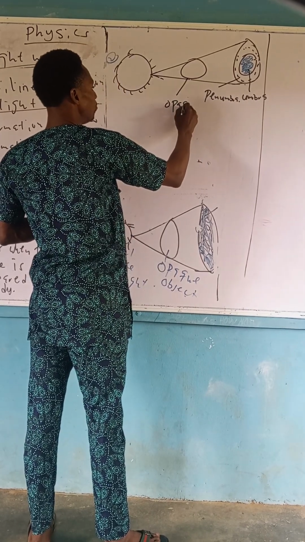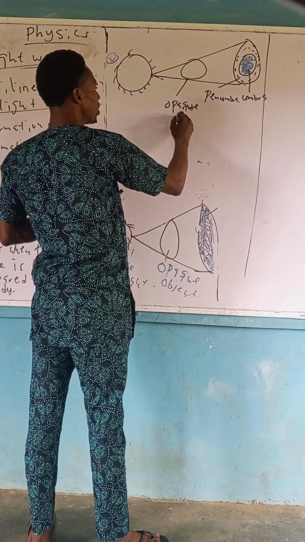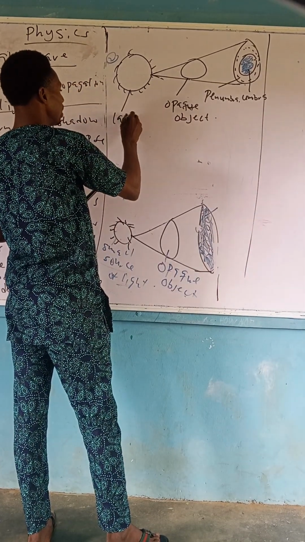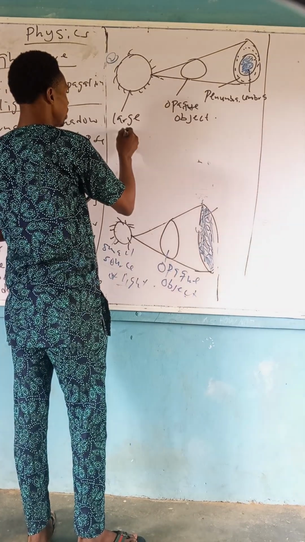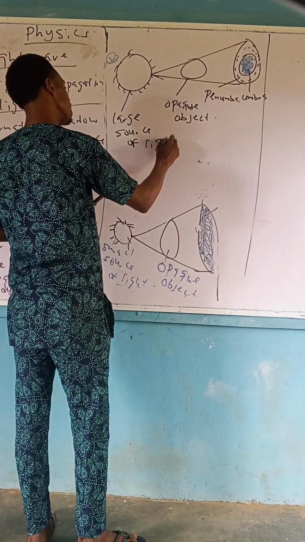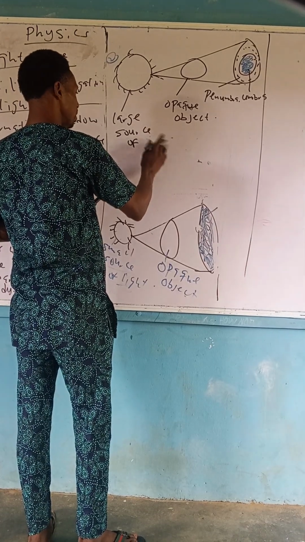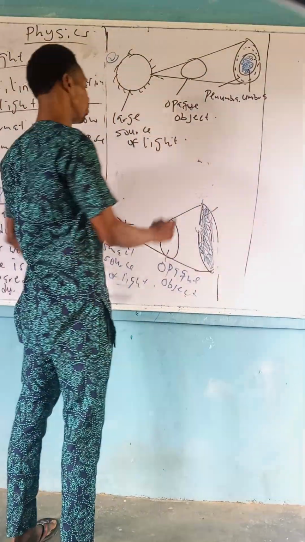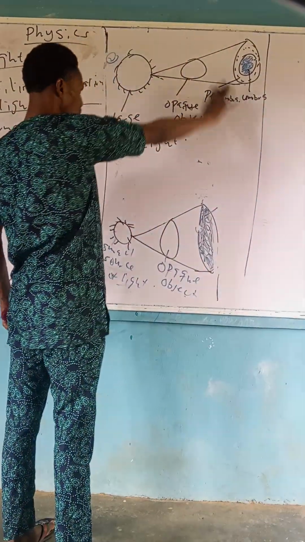These are opaque objects, and these are a large source of light. So this is an example of a diagram of penumbra.